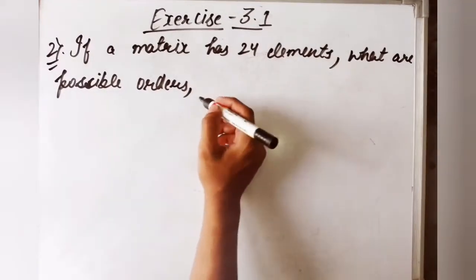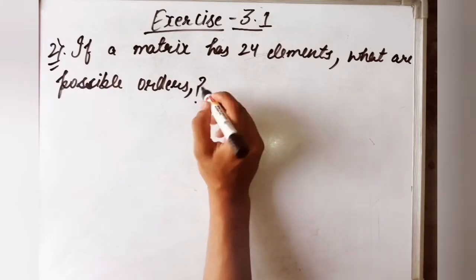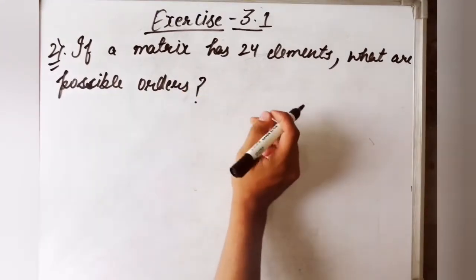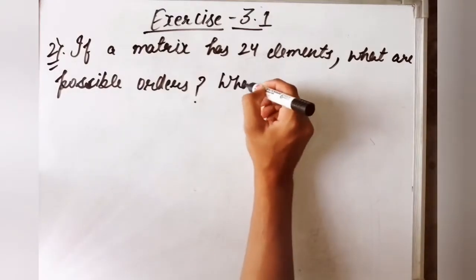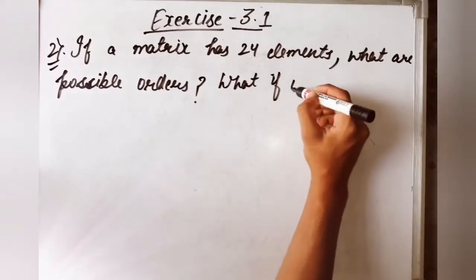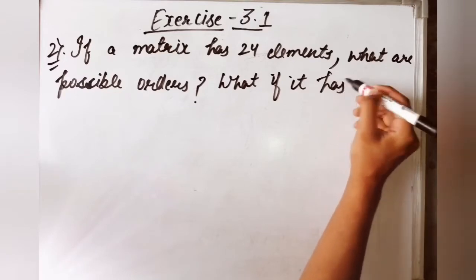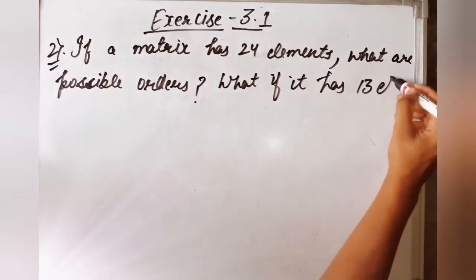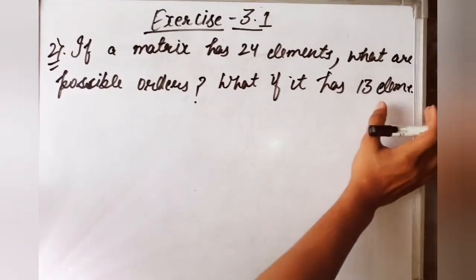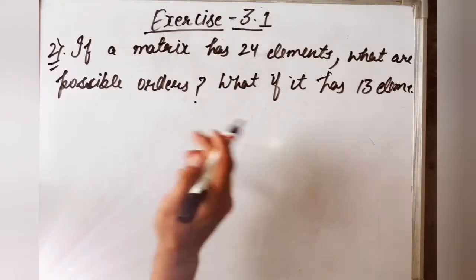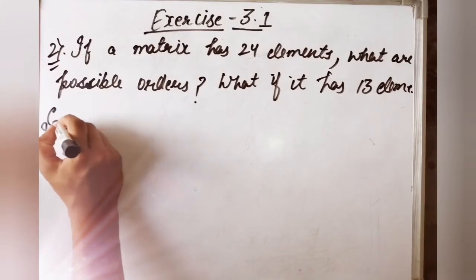And apart from it, we need to find out what if it has 13 elements. I'm writing elements as ELEME because space is less. Let's have a look at the solution.